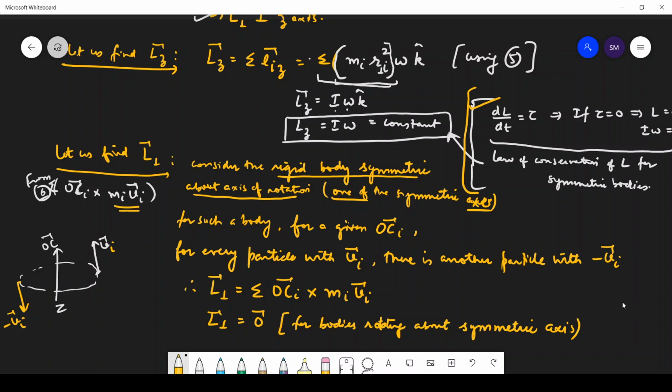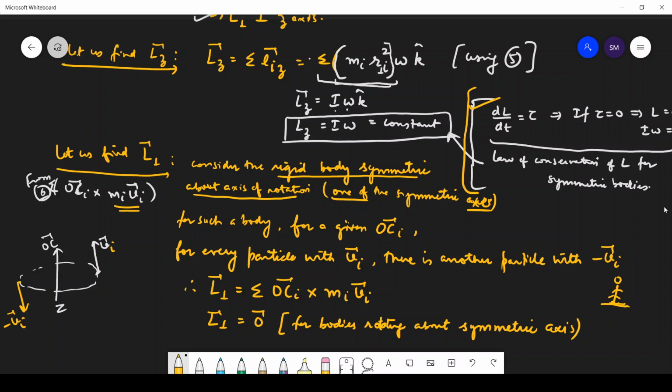So how do we have this kind of symmetric body? Like your body is a symmetric body, and like an acrobat on the floor, a dance performer or acrobat, they are spinning on their toes. Some of the time they are folding their hands, and then they unfold their hands to increase or decrease their angular velocity.